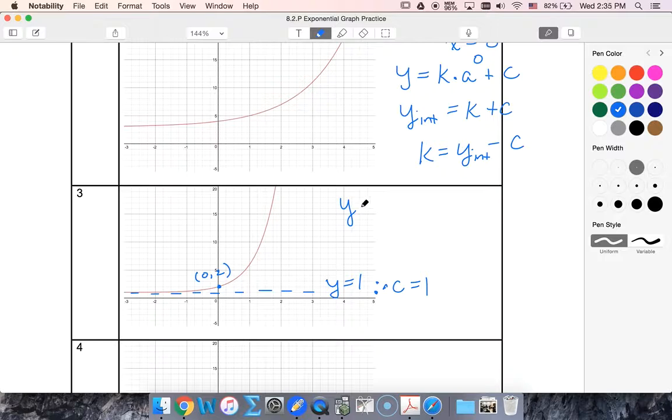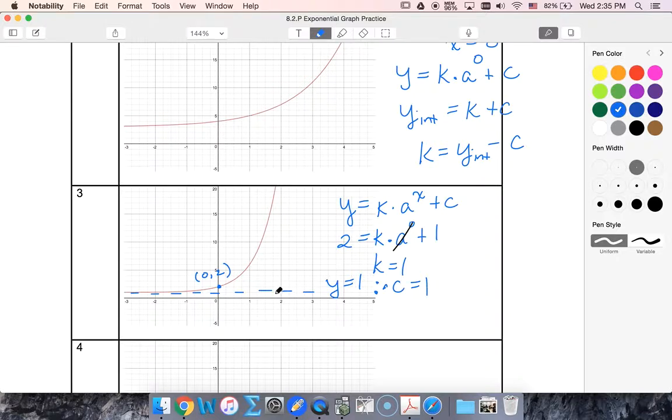So I've got y equals k times a to the x plus c. Plugging in what I know, 2 equals k times a to the 0 plus 1, because we've determined that c is 1. A to the 0, well, that's just like saying 1. So k is equal to 2 minus 1. So that's also going to be 1.